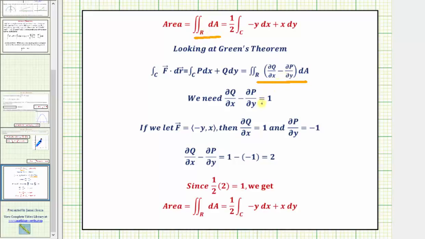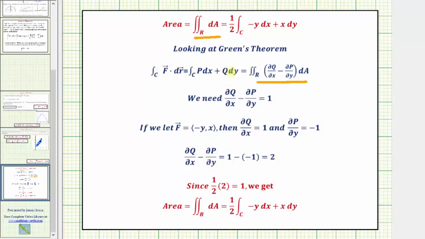The next thing to notice is looking at the line integral, because we have negative y dx plus x dy, the vector field F would have an x component of negative y and a y component of x. So if we determine the partial derivatives using this vector field, notice the partial of Q with respect to x would be 1, the partial of P with respect to y would be negative 1.